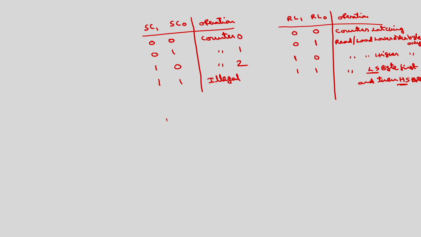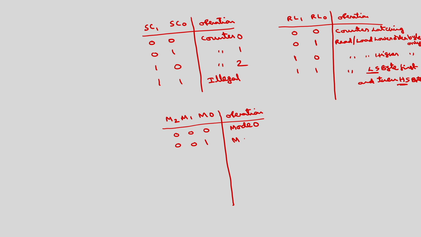And M2, M1, M0 is mode selection. As I have told, there are 5 modes. If this is 0 0 0, mode 0; 0 0 1, mode 1; X10 is mode 2, which means this can be 0 1 0 or 1 1 0, both are mode 2.